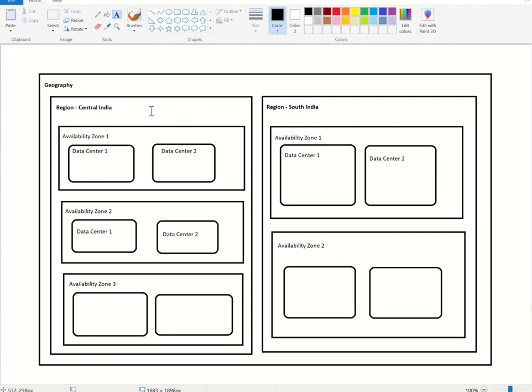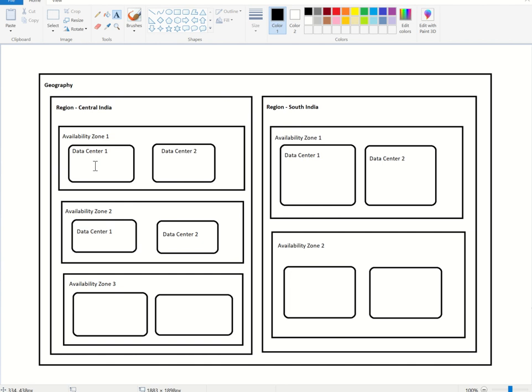Again, with region pairing, using a low latency WAN network, you connect the regions so that a failure of one region does not hamper the other region, and you will be able to continue with the other available region. The same applies for availability zones also.